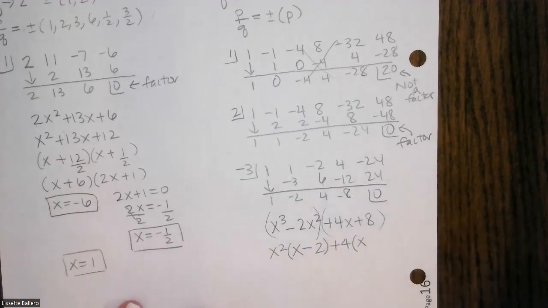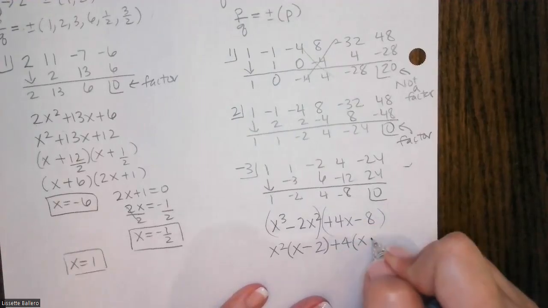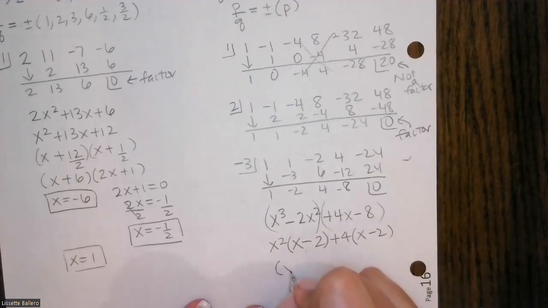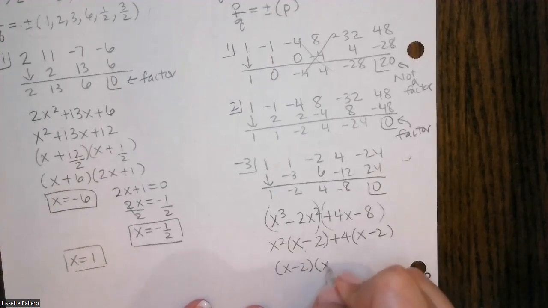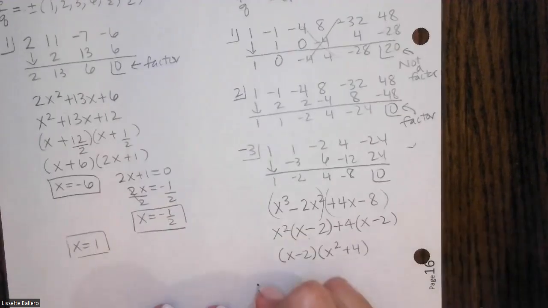Oh, that was a -8. What was I doing here? -2. There we go. Caught that. Both of these are going to be the same when you're factoring by grouping. So now that they're both the same, I can factor out that x minus 2, and I get x squared plus 4.